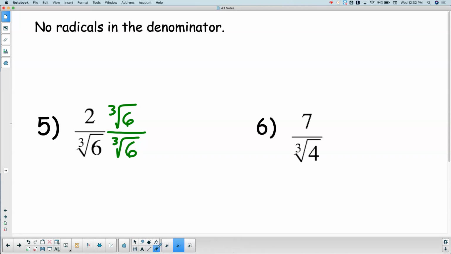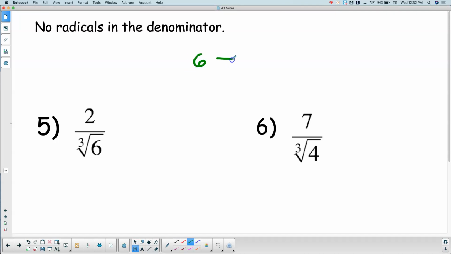Or instead of the cube root of 6 over the cube root of 6, I could say to myself, 6, if I cube that, is 216. 6 times 6 times 6 gives me 216. Well, if I have one of them already, that means I need 2 of them yet.